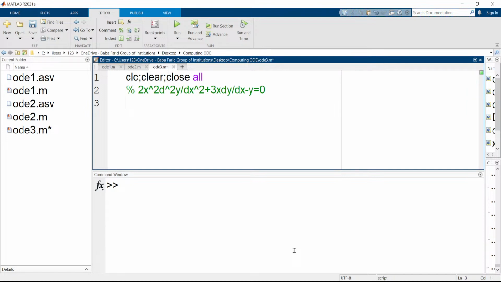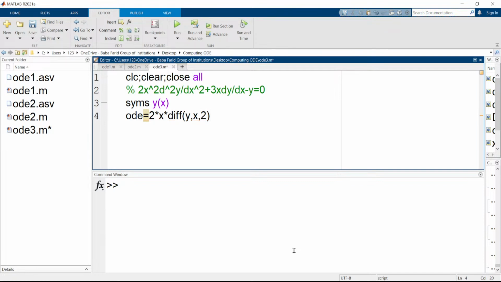The syntax for this is, first we have to define the symbolic function. The symbolic function will be y(x). Then ODE will be equal to 2 product x square product, now the second order derivative, how can we use it? We can write diff y comma x comma 2.